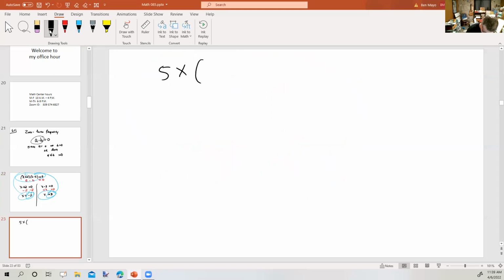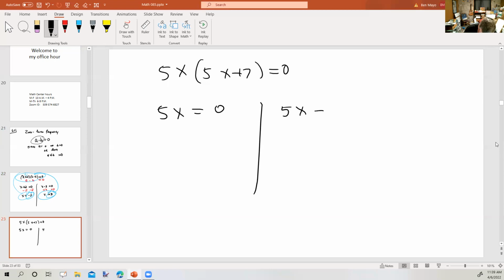Let's say we've got this: 5x times 5x plus 7 equals 0. So this again is in that form, A times B equals 0. So A equals 0, B equals 0.